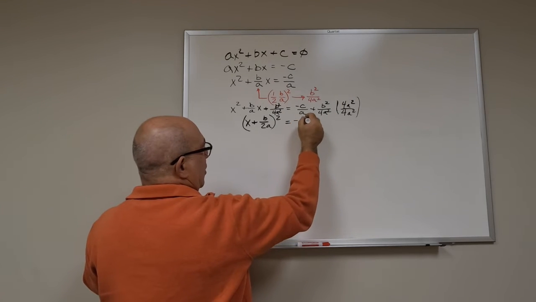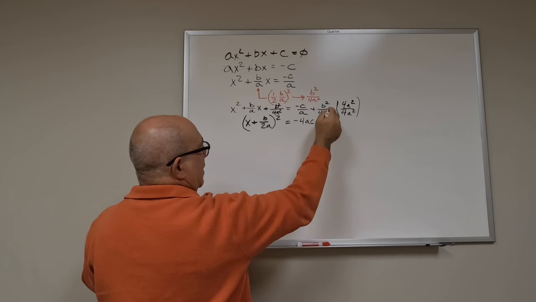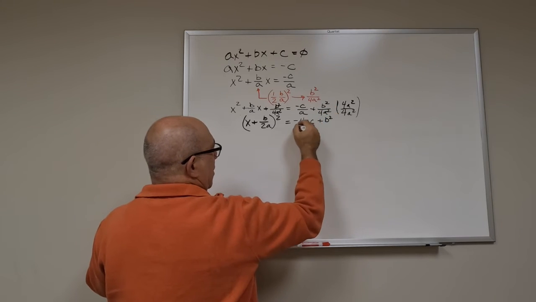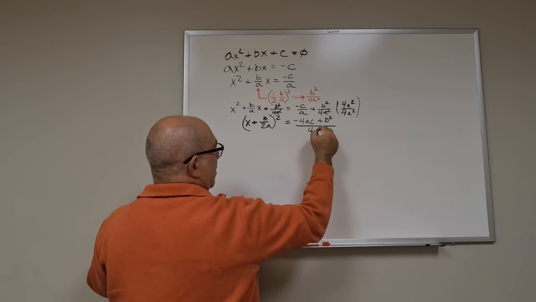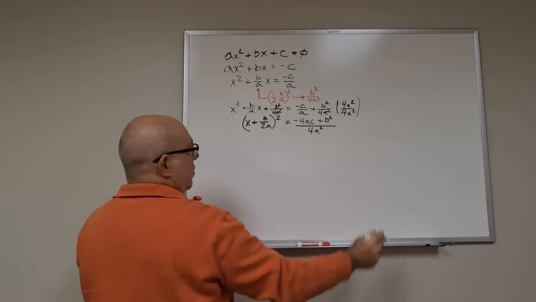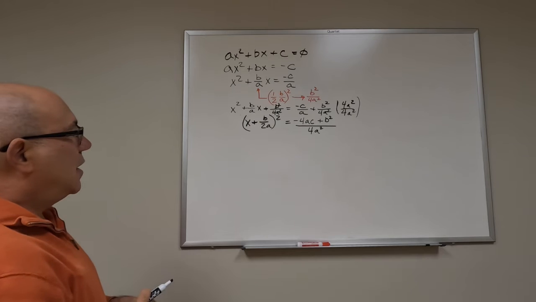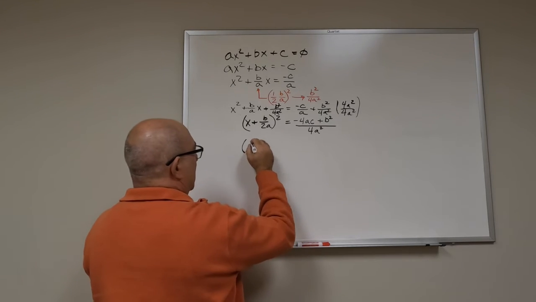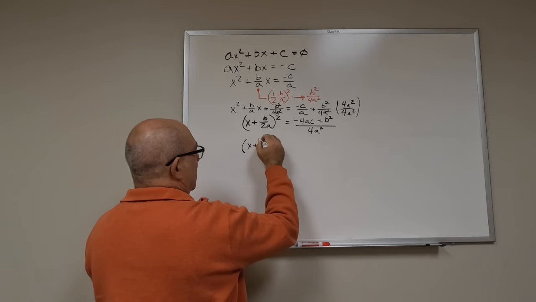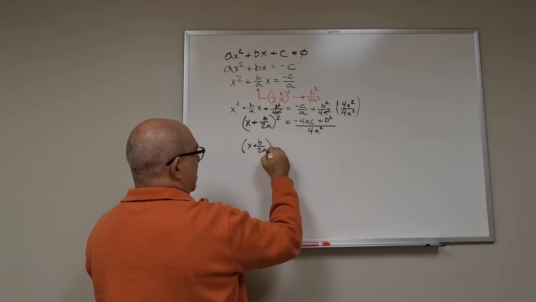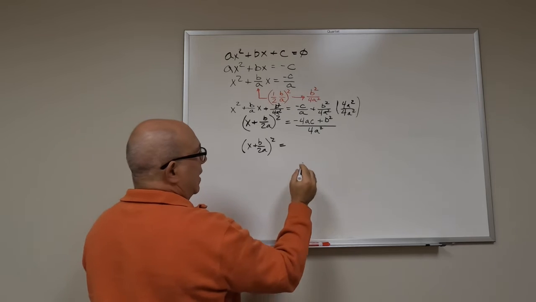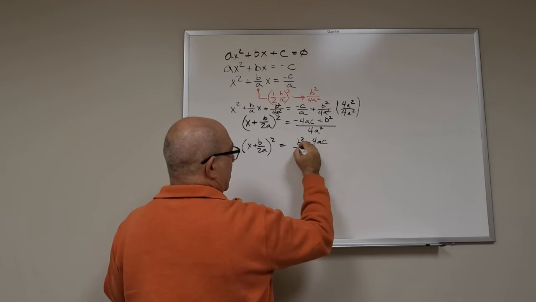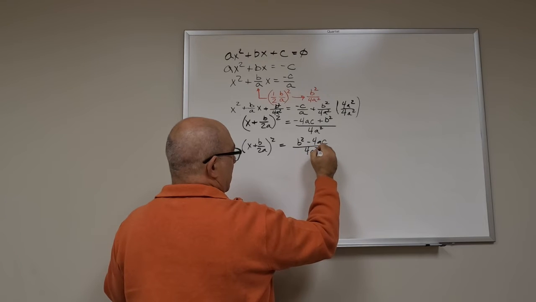So we'll get minus 4ac, and then the 4a squared will cancel, and we'll get plus b squared all over a common denominator of 4a squared. Okay. Now, we can rewrite this as b squared minus 4ac, change the order, over 4a squared.